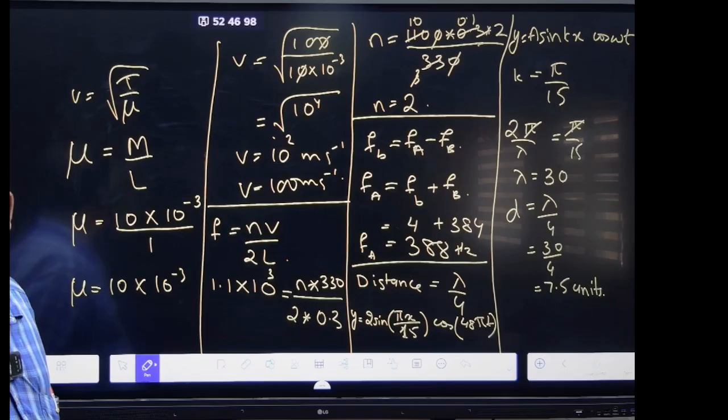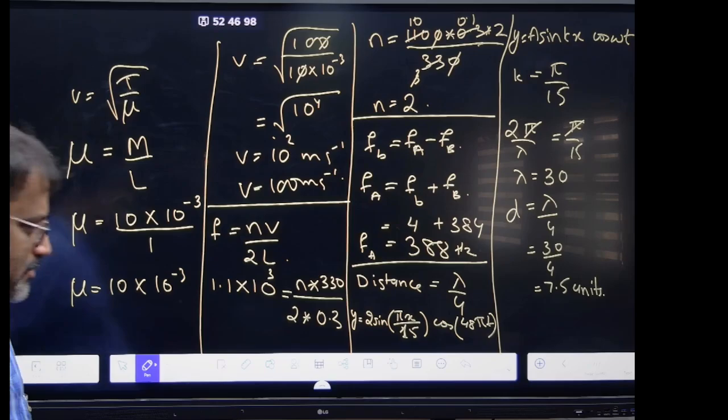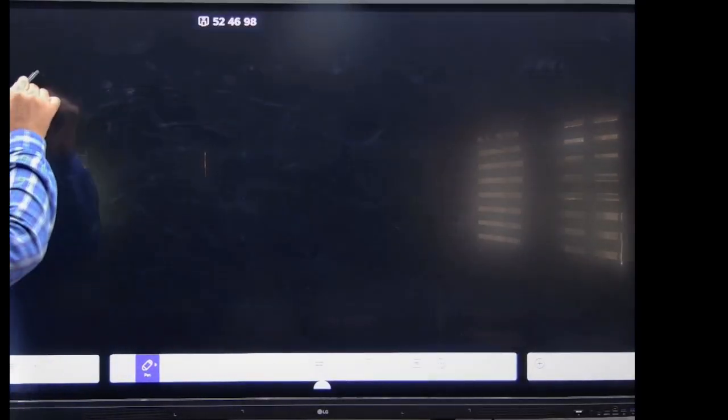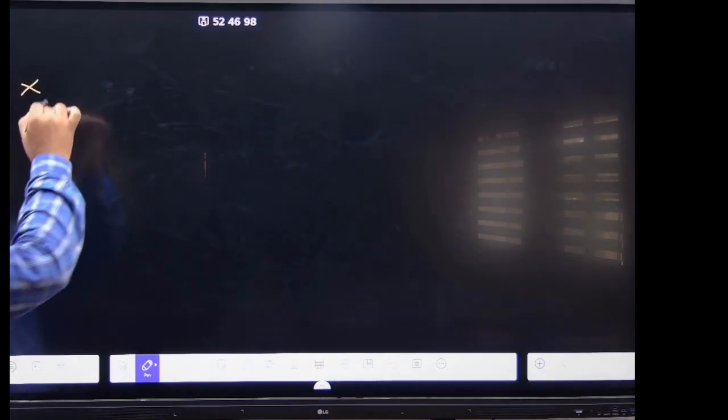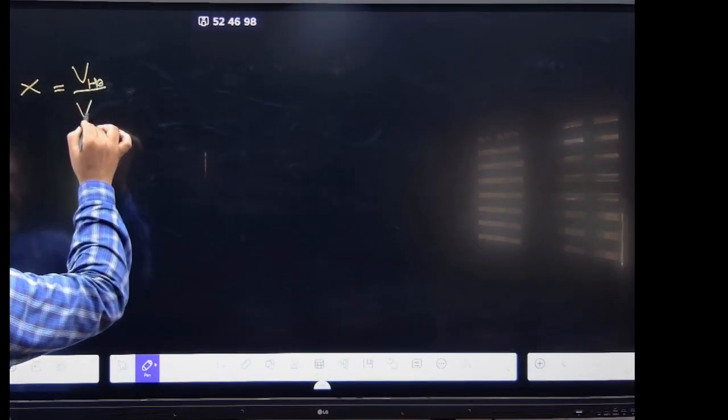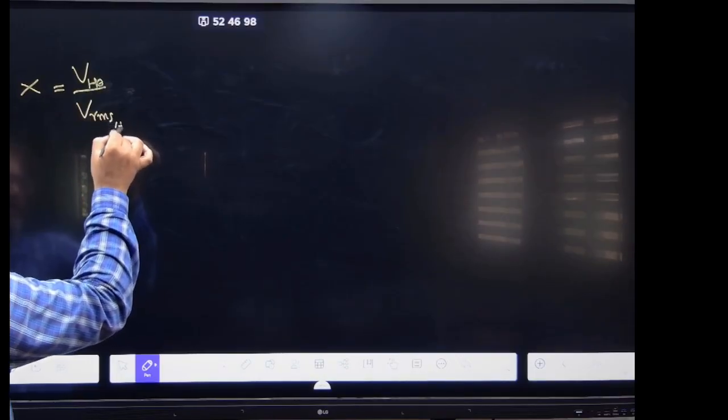Okay, good. All right. So, let us go for the next question. Remember, he is giving us x. What is x? It is the ratio of velocity of sound in helium to RMS speed of gas molecules in helium. So, we can write this as VHe divided by VRMS He.